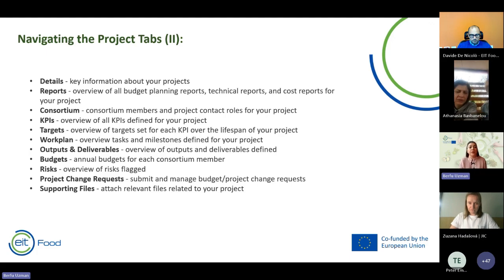Each of the consortium members' budget will be shown there, like it used to be in Plaza. The risks tab is an overview of risks that will be flagged there. Project change request, as I said, is the feature that you will use as activity leaders to submit and manage some budget or project change requests. And supporting files is the tab where we will attach relevant files.